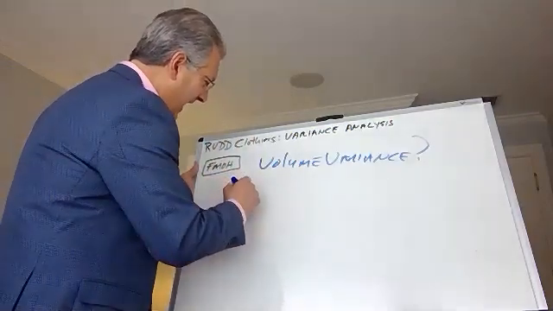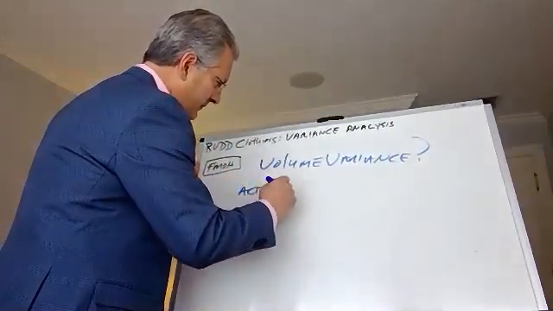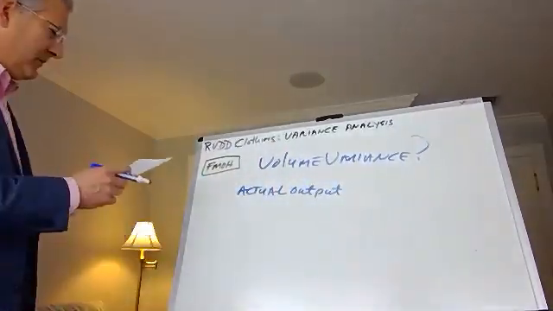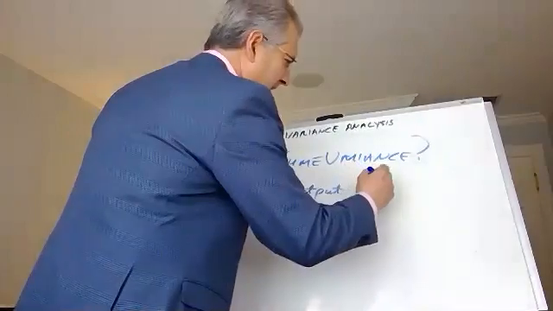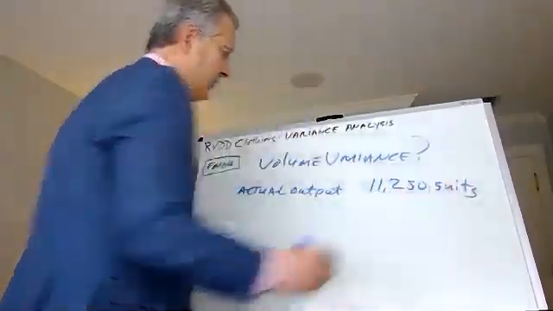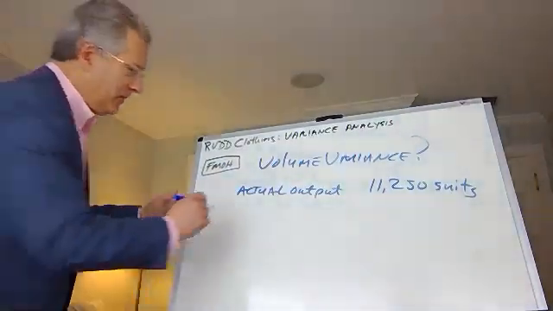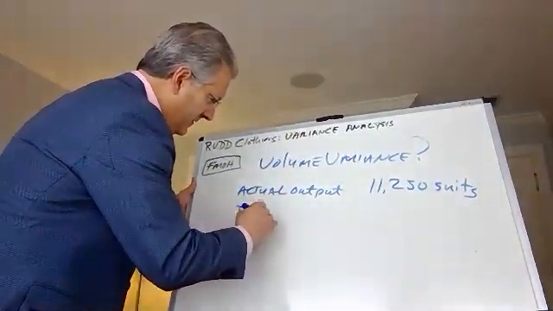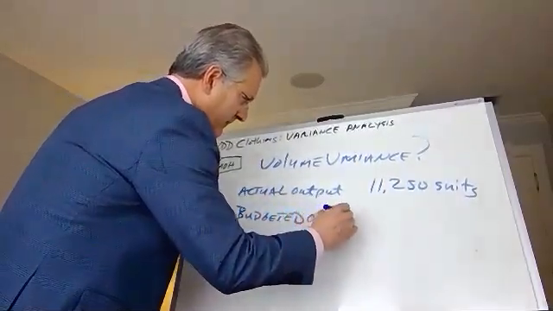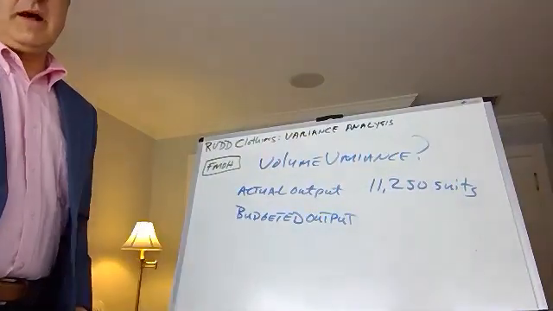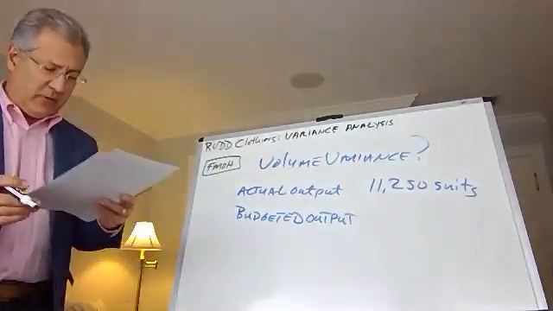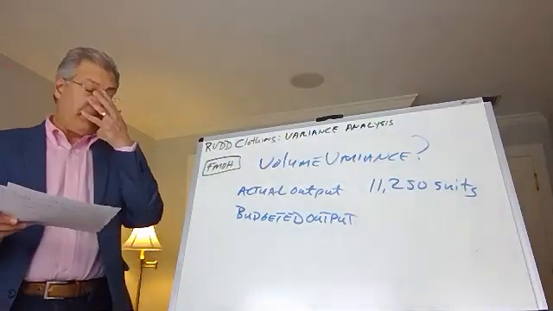So what was their actual output? Their actual output, a number we've been working with a lot, was 11,250 suits. But what was their budgeted output? Nowhere in the problem did they tell you what the budgeted output was, so you've got to figure it out.